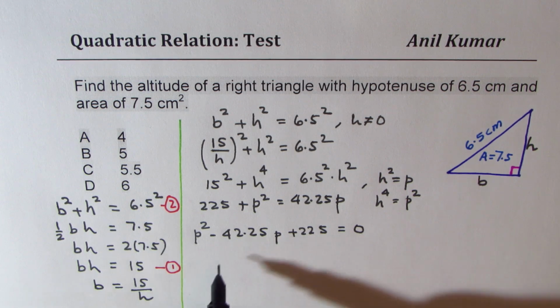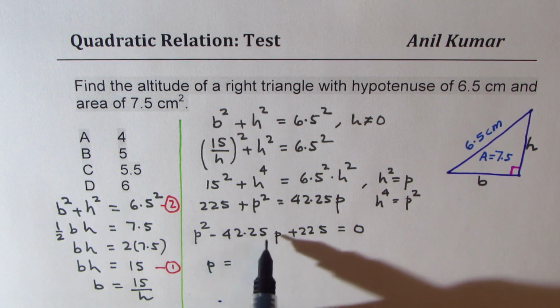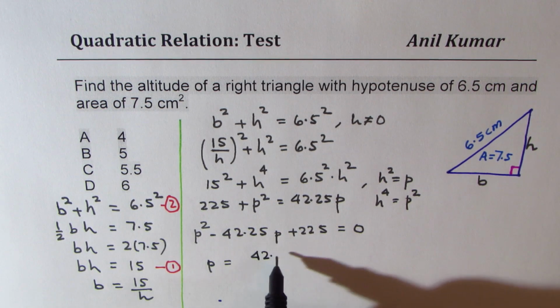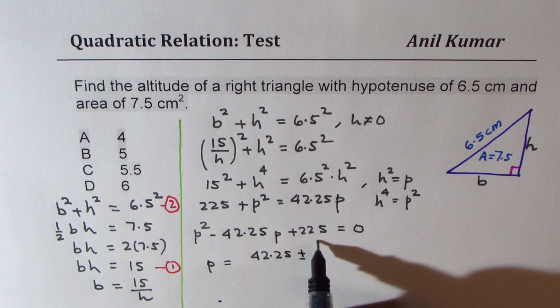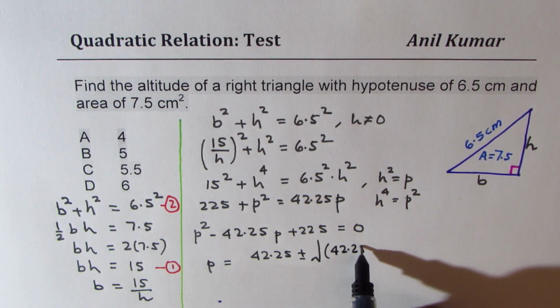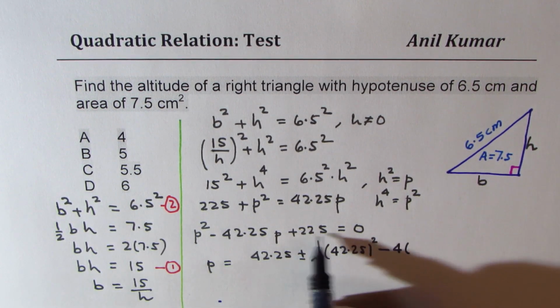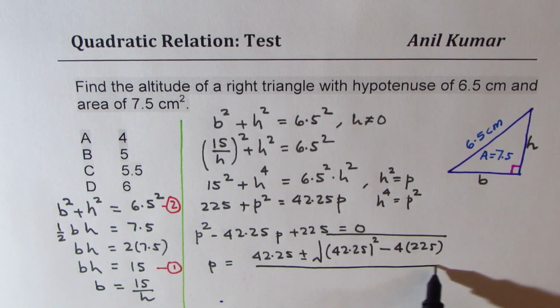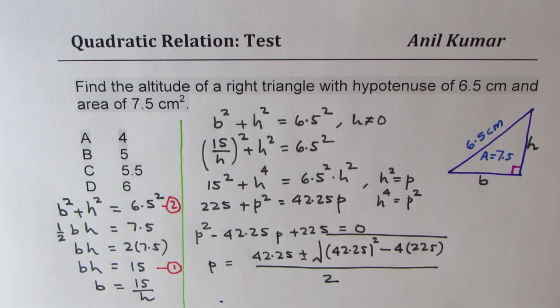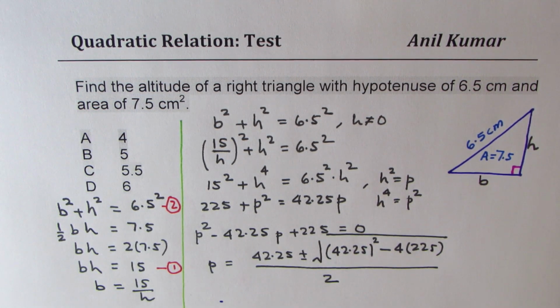And for the solution of this quadratic equation, as you know, we could use the formula, which is minus b. So negative of this gives you 42.25 plus or minus the square root of 42.25 whole square minus 4ac. So 4 times a is 1 times 225, divided by 2. So that gives you the answer, right? Of course, height will be the square root of p. So let's figure this out.